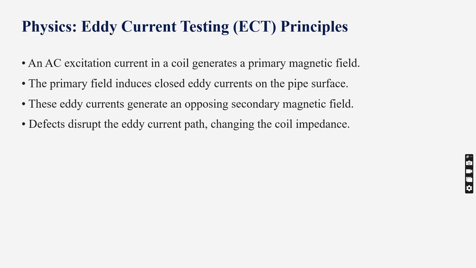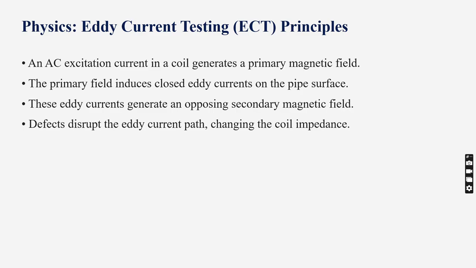Okay, so to address this, we look at the physics of eddy currents operating under Faraday's and Lenz's law. An alternating current in the transmitter coil generates a time varying primary magnetic field. So this field is placed near a conductive carbon steel pipe.